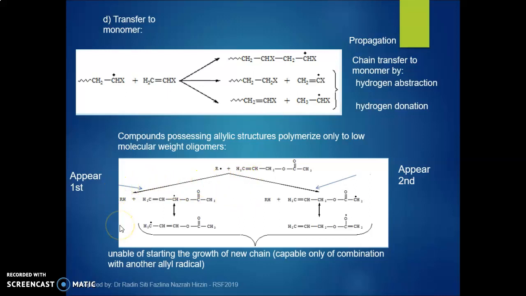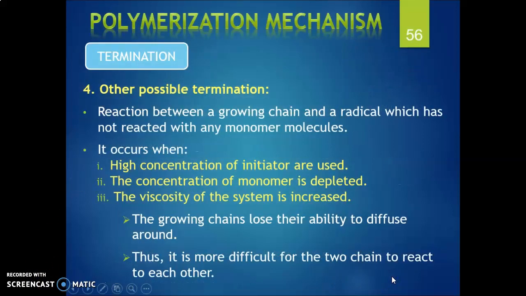So it is capable of starting the growth of a new chain, or capable only of combination with another allyl radical. Other possible termination is the reaction between a growing chain and a radical which has not reacted with any monomer molecule. It occurs when a high concentration of initiator is used.